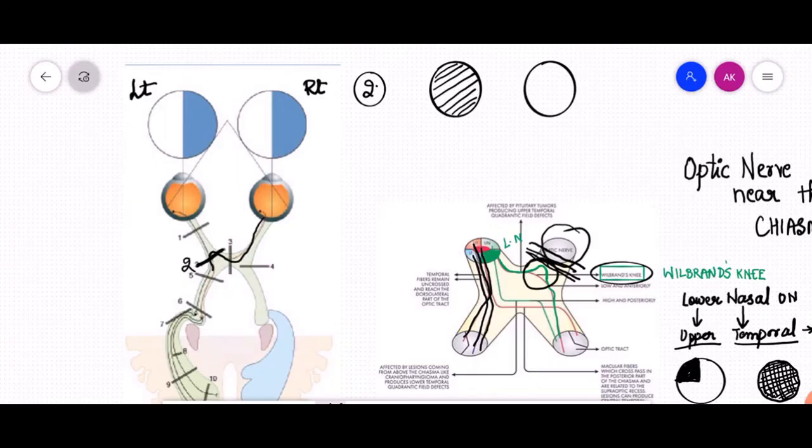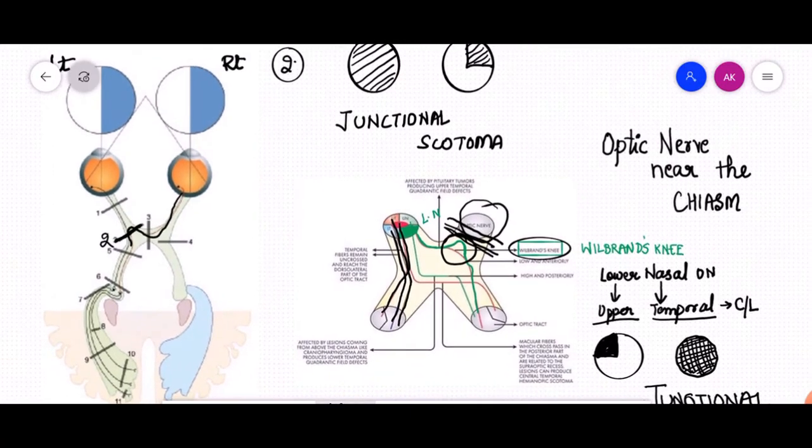Therefore, we will see a defect in the contralateral upper temporal field, like this. This is called junctional scotoma, and it represents a lesion in the optic nerve near the chiasm.